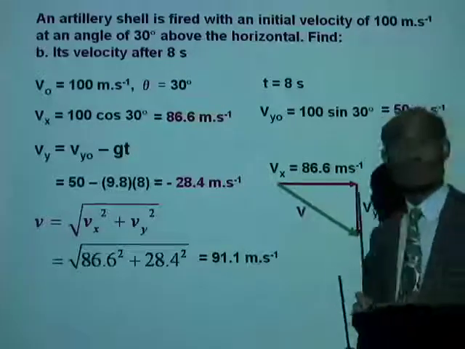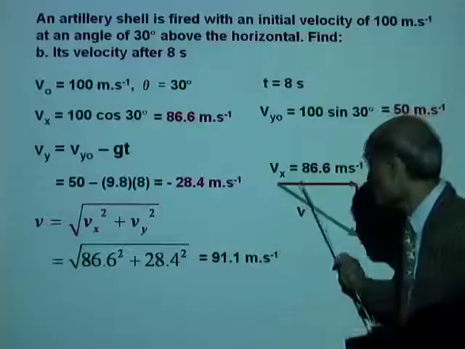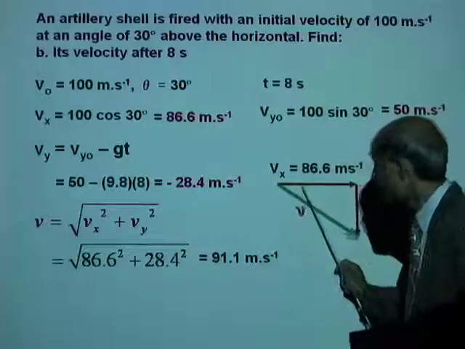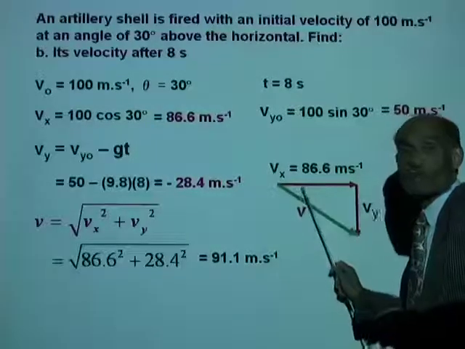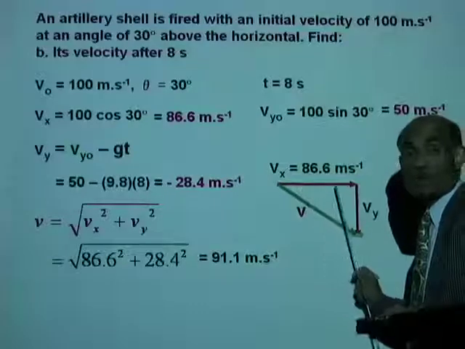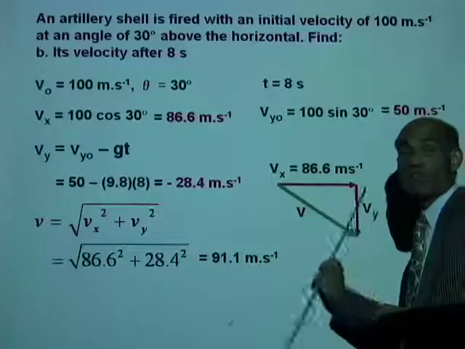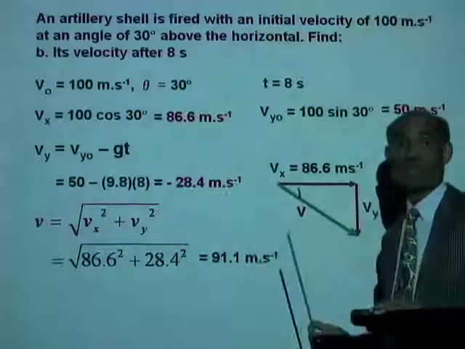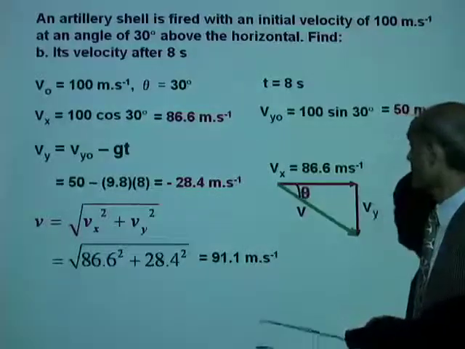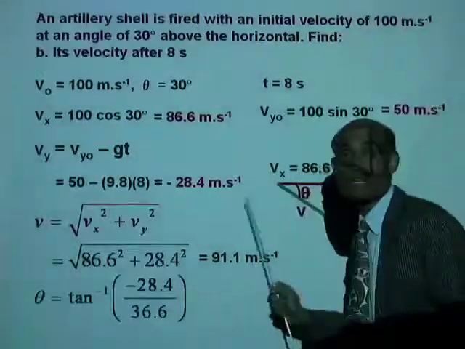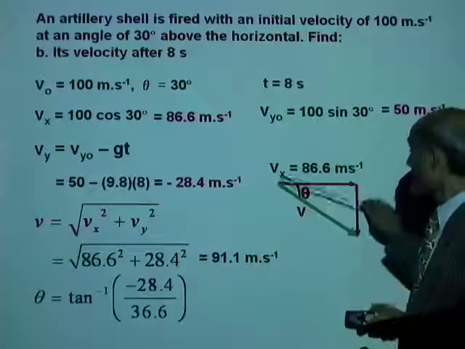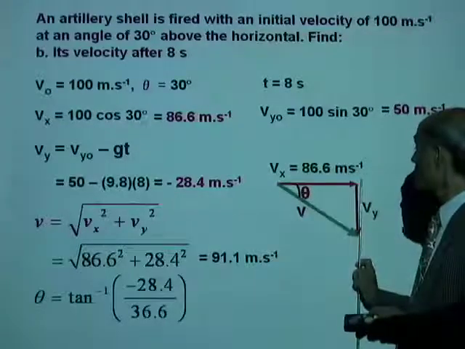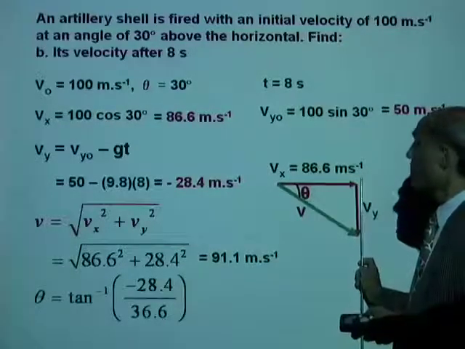Well, we also need to find the angle. What is the angle here? If this is the angle theta, the tangent of that angle theta will be Vy divided by Vx. Right? So tan theta is Vy divided by Vx, which is 50 divided by, is it 50?